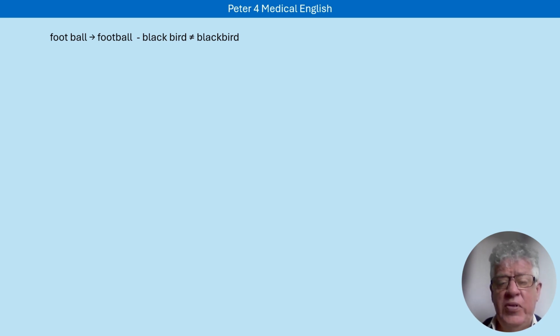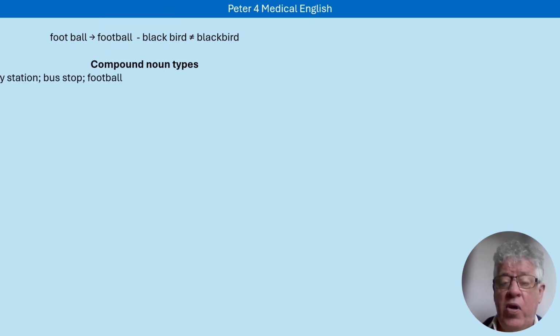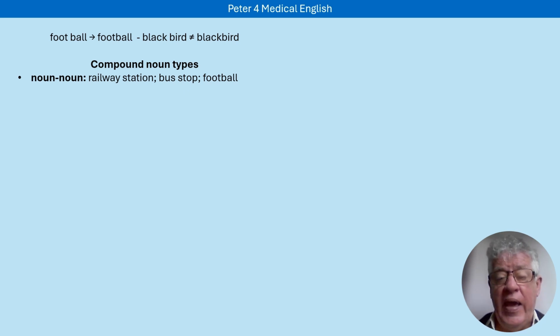There are lots of different types of compound nouns. I would guess that, like football, noun noun compound nouns are the most common. I don't know, but I would guess that that's the case. So compound nouns made out of other nouns, such as football, railway station, bus stop, and such like. There are others.